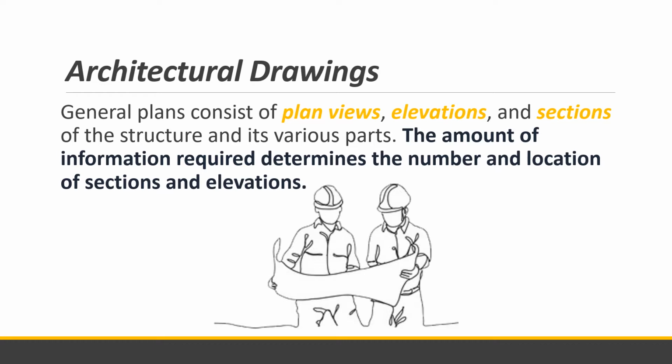But there are cases where tatlo lang, lalo na kung naka-firewall yung dalawang side ng house. Meron din na pwedeng 5 yung elevation, depende sa kailangan mo to show yung mga details ng building. There are parts where naka-diagonal siya, so you have to make a separate elevation para makita kung ano yung nasa front ng diagonal part na yun ng building.